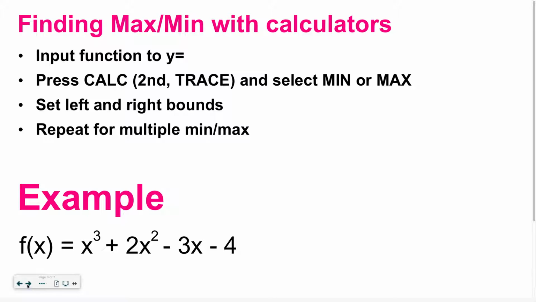So if that pertains to you, my one suggestion is if you can't find out how to get it to do the things we're doing, Google. Just type in like TI-83, how to find max and min. There will be a YouTube video. It is amazing the things that you can find for your calculators. So I just put that ownership on you. If you have purchased a calculator that I didn't recommend, you're just going to have to take accountability for that and figure it out.